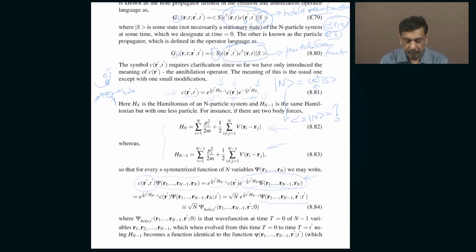Given that, you are supposed to now annihilate a particle at r dash, and it does not matter which one you annihilate, because the symmetrization operator which has already been carried out on this wave function democratizes all the coordinates in such a way that it does not make a difference which one you annihilate.